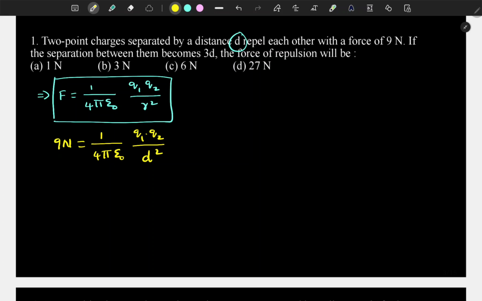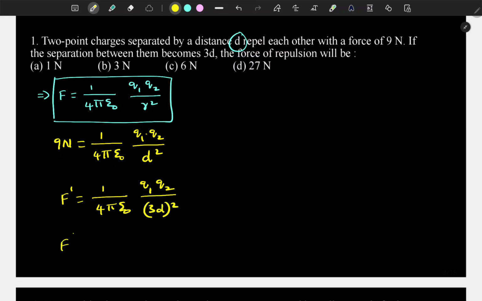Now what if this distance becomes 3d? If d becomes 3d, then F dash is equal to 1 over 4 pi epsilon naught q1 q2 divided by (3d) square.